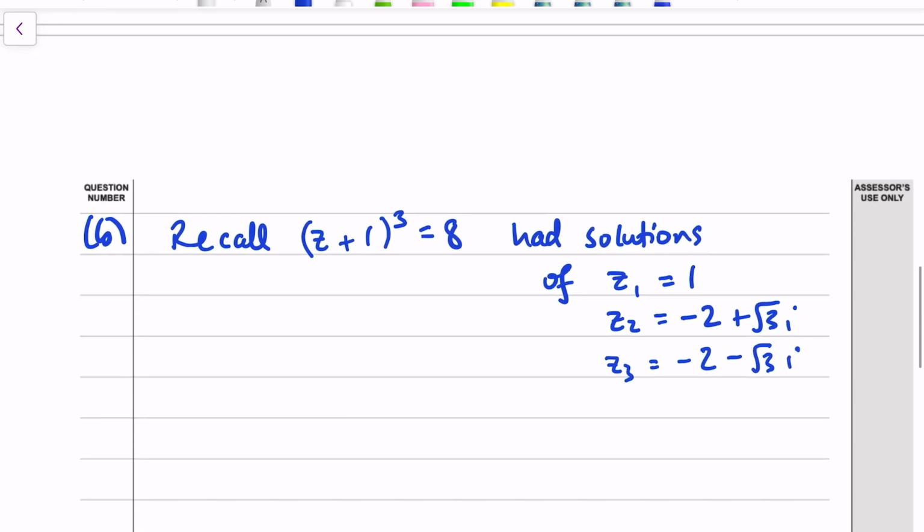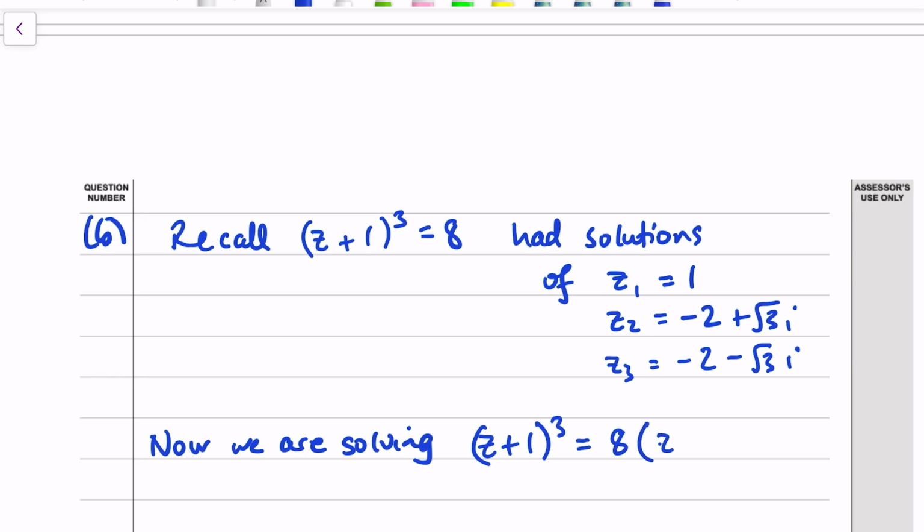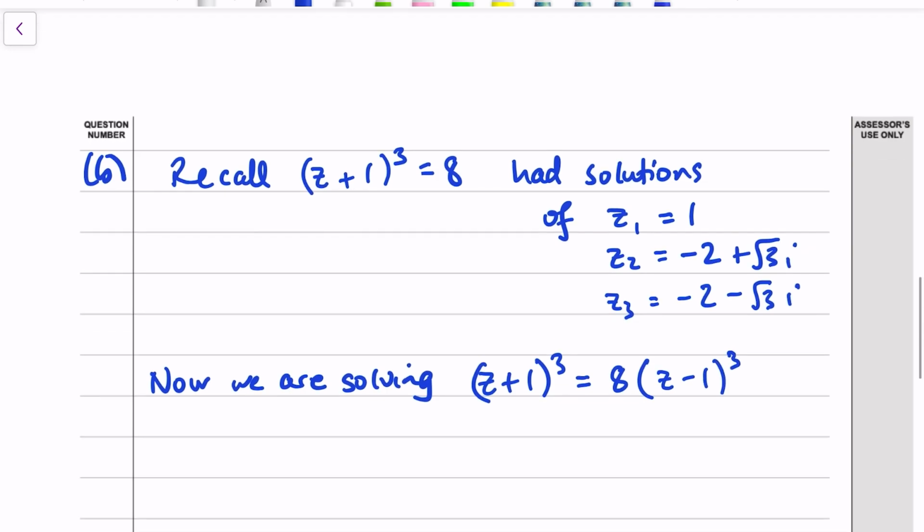Now in this question, we're asked to solve a slightly different problem. z plus 1 cubed equals 8 times z minus 1 cubed. So what I'm going to do is take this part down the bottom left and sandwich the cubic terms together.